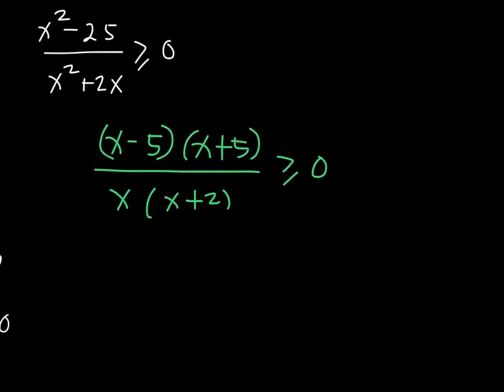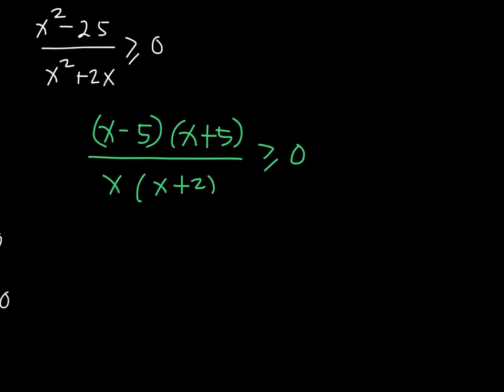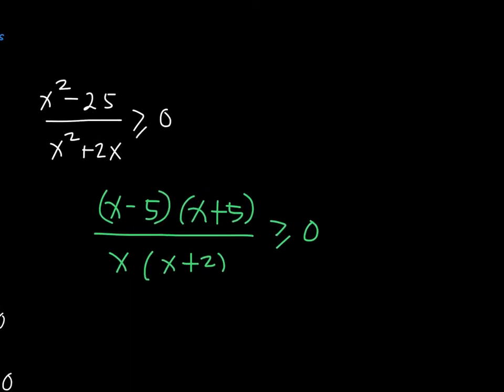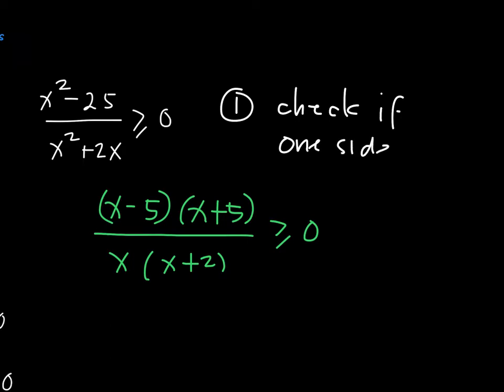Okay, once you have factored the expression, the next step is, so let's number them so that you will not be confused later on. Number 1 is to check if one side is 0, and then do some preliminary steps if it's not equal to 0.